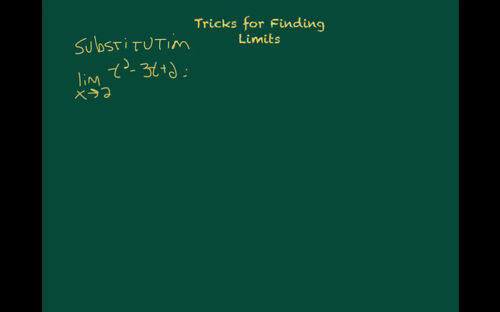Where do we expect to find this function as x is approaching 2? Well, let's plug in 2. So 2 squared minus 3 times 2 plus 2 is 4 minus 6 plus 2, which is equal to 0.